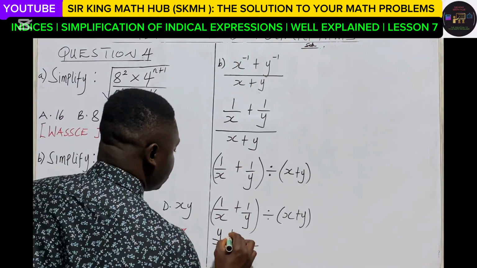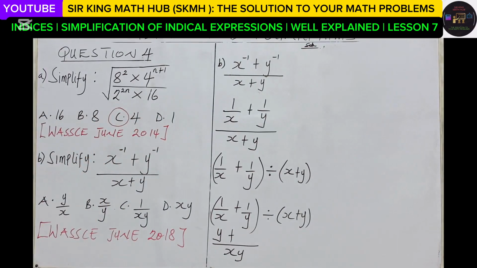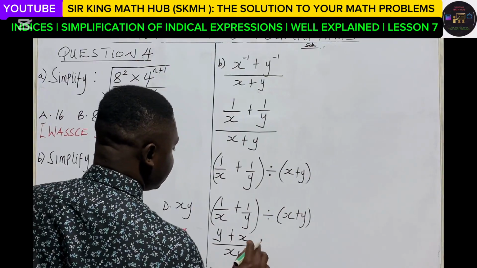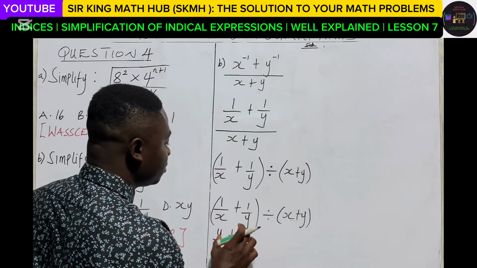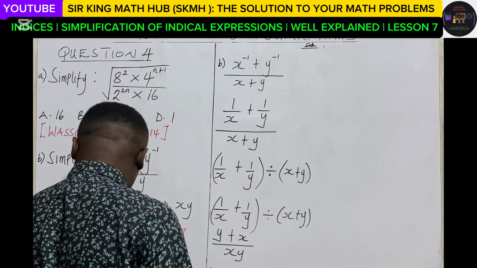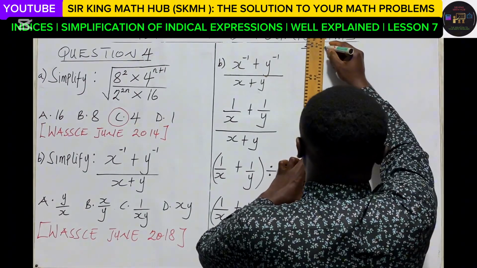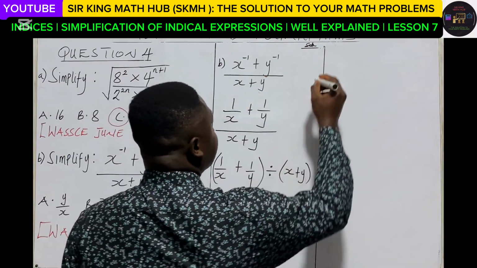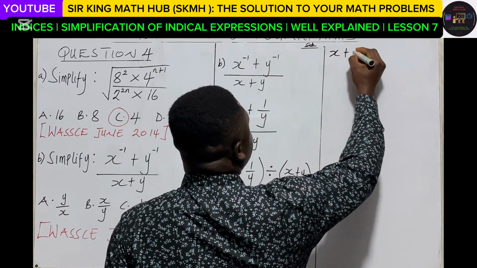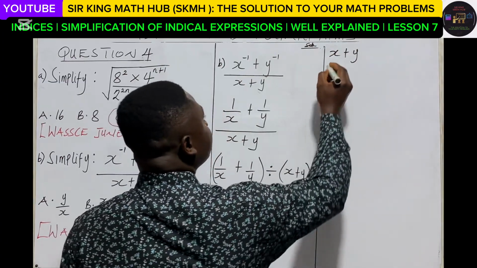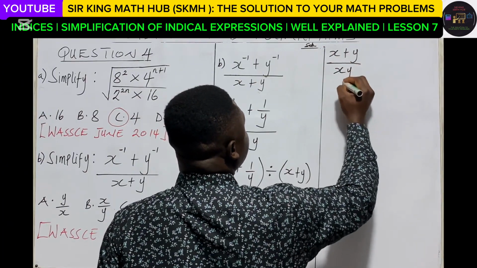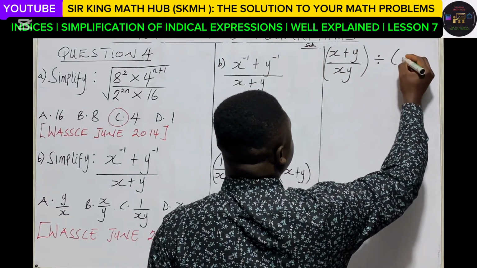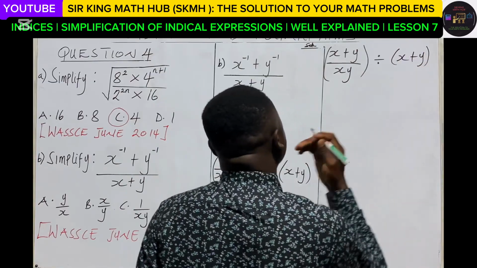And also y goes into xy, so the y will cancel out, leaving x, and then x multiplied by 1, that is x. So for the numerator, we are going to use a simplified form. So the simplified form here is y plus x. And y plus x is the same as x plus y, because addition is commutative, divided by xy. And all of this expression also divided by the denominator, which is x plus y.